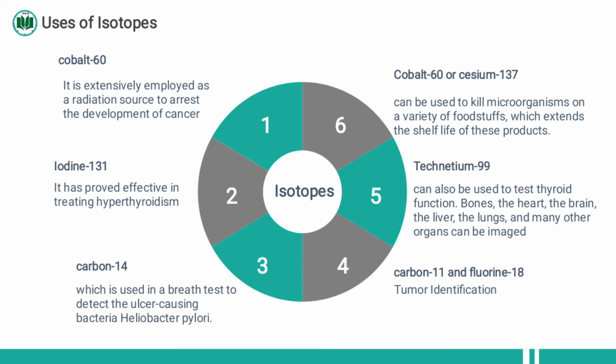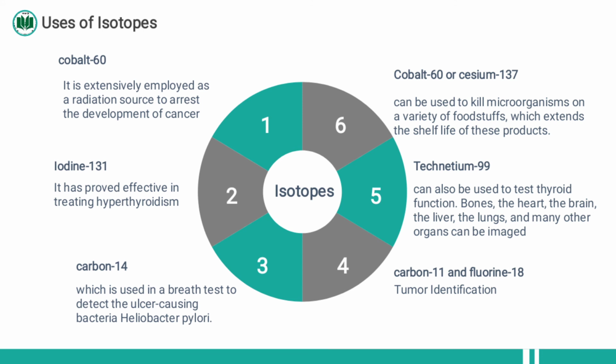Similarly, carbon-14 is used for the age determination of old objects, and is also used in a breath test to detect the ulcer-causing bacteria Helicobacter pylori. Similarly, cobalt-60 or cesium-137 is used to kill a lot of microorganisms in a variety of foodstuffs.